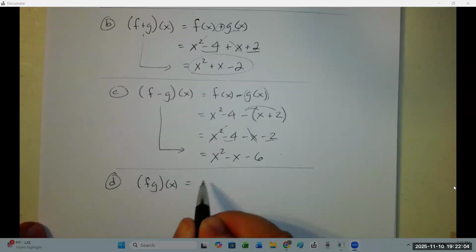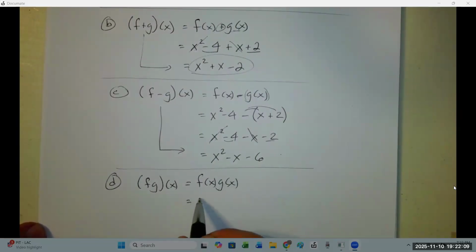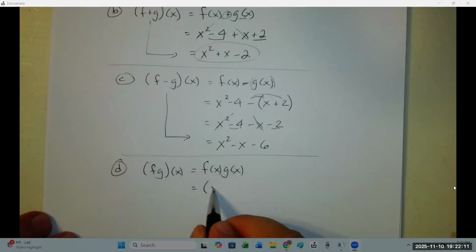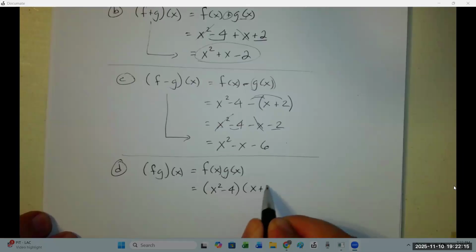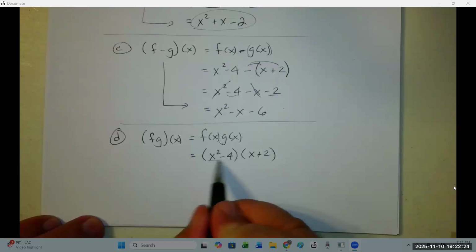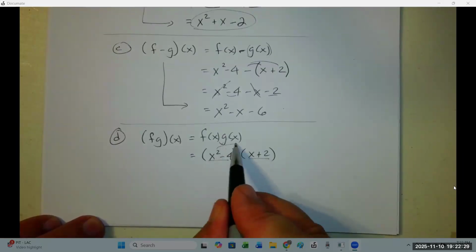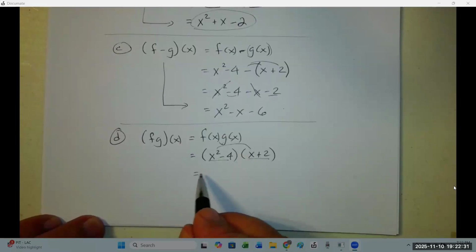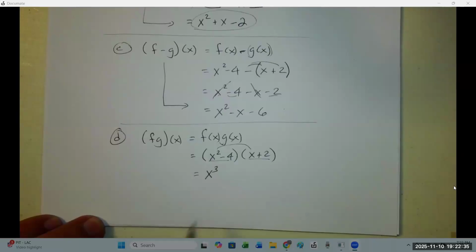F times g of x is f of x times g of x, which is x squared minus 4 times x plus 2. Distributivity: we have to multiply those together, so everything in the first parenthesis multiplies to everything in the second. X squared times x: there's two x's there, multiplied by another one, so it's x cubed.